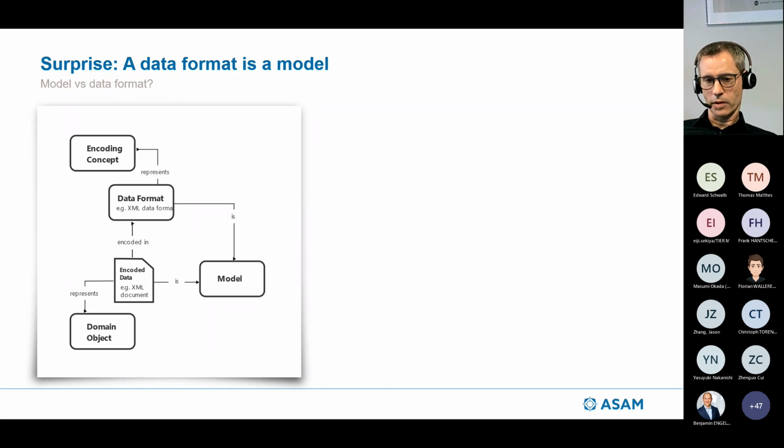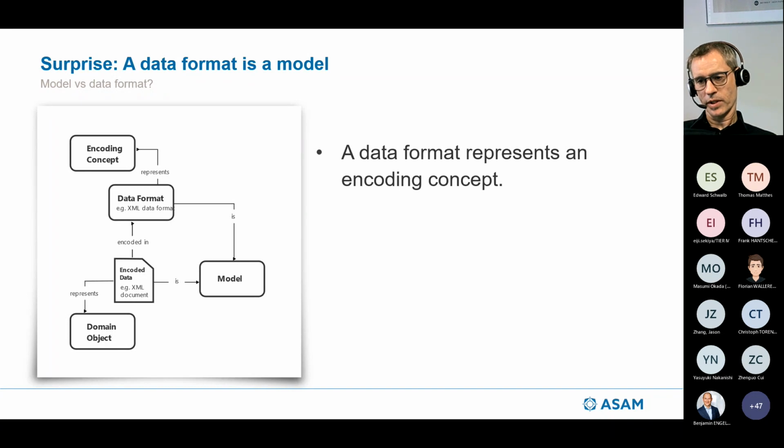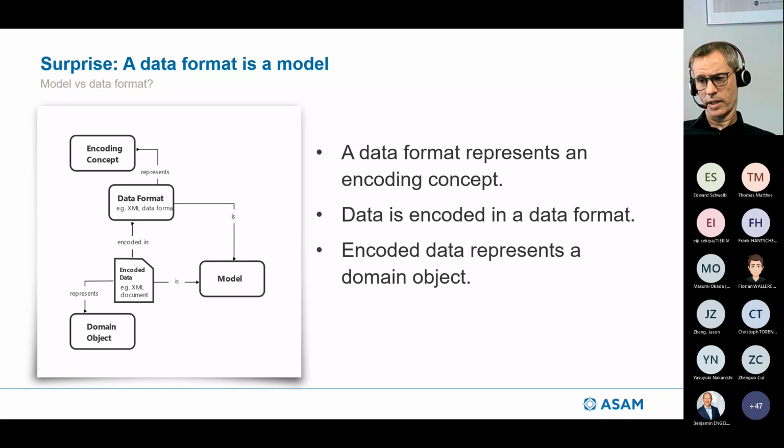On the left hand we have a data format that represents an encoding concept, and we have data that is encoded in a specific data format like XML, and the encoded data represents a domain object. So both the data format and the encoded data are models. So far we are confused, but on a higher level, which is our next step right now.